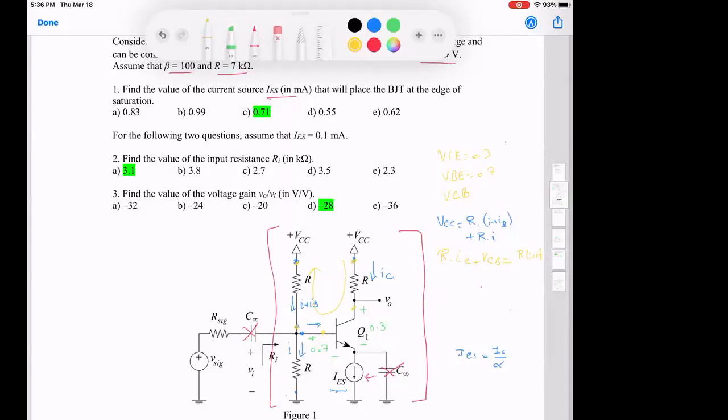Now this is complex. This is two equations, two unknowns. So we are going to assume that when I want to solve for this, I will assume that only IB is approximately 0, okay?